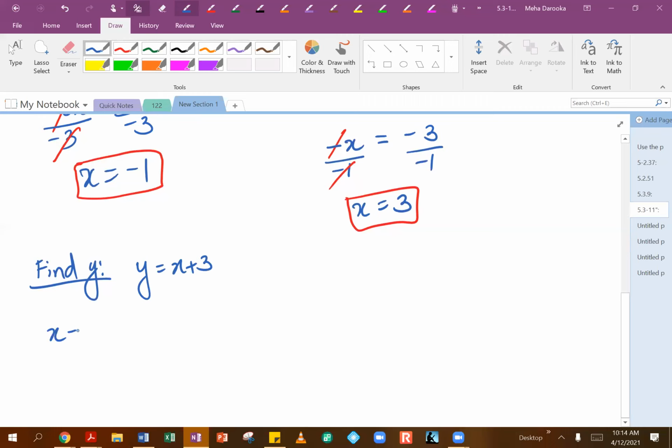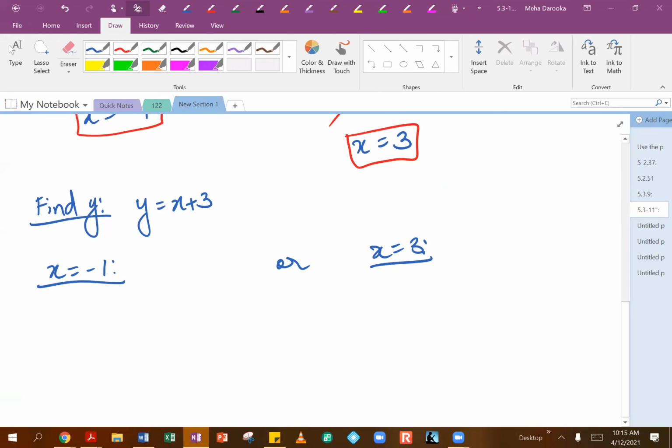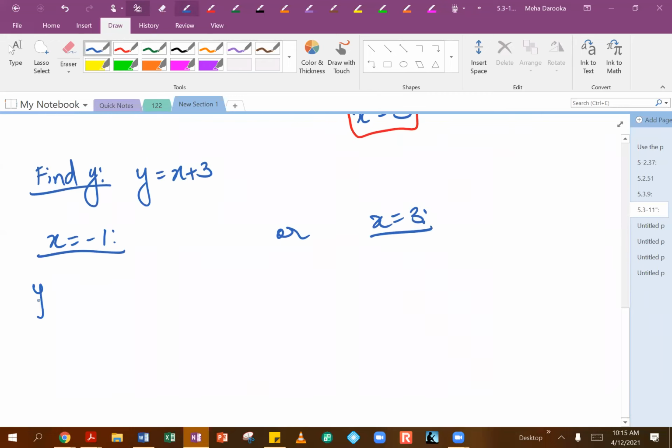So we'll start with x equals -1, and then we'll come back and do x equals 3. So can you tell me what your y value comes out to be for x equals -1? +2, yeah, very nice. -1 plus 3 will end up giving you y equals +2.